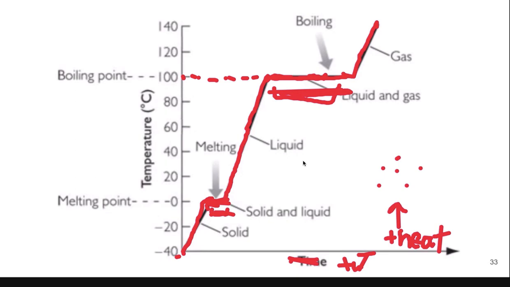If I'm adding heat, normally it means the particles are moving faster. But something special happens at these places, and what this flat line means is literally the particles are not moving any faster as you add more heat. That heat is going to something else. It's doing something special. And hopefully you can look at the simulation and think about what exactly is happening.